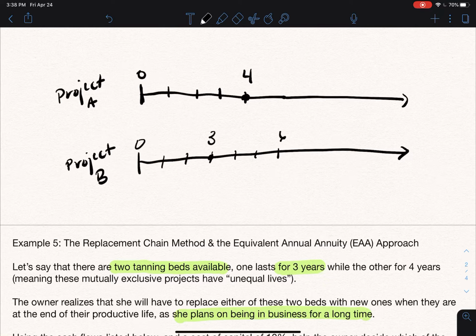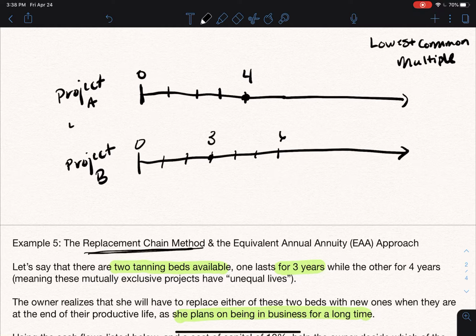And this is where the lowest common multiple comes in, because we're working on the replacement chain method. And maybe some of you are like, oh, chain, that's why it's called the chain method, because I'm about to demonstrate what we're doing here. We have 2 different projects with 2 different shelf lives or life expectancies.